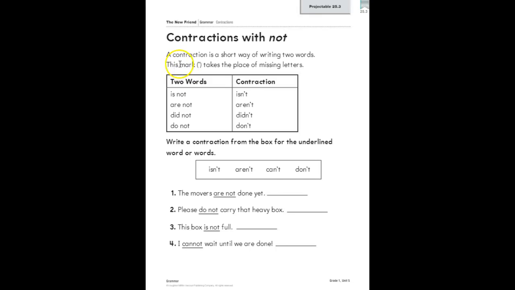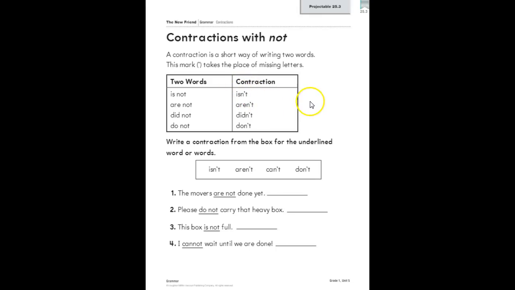Let's look at this projectable. A contraction is a short way of writing two words. This mark, the apostrophe, takes the place of missing letters. Now, the chart here shows contractions and what each contraction stands for. I see that each contraction has the word not in it, and it has the apostrophe before the letter T at the end.